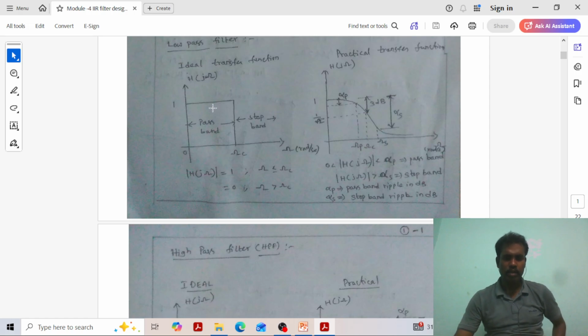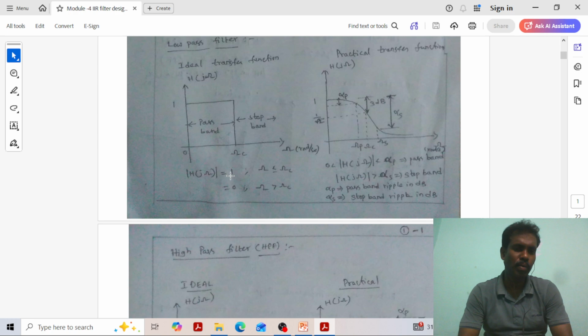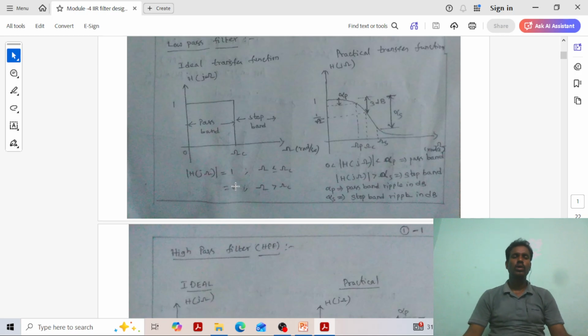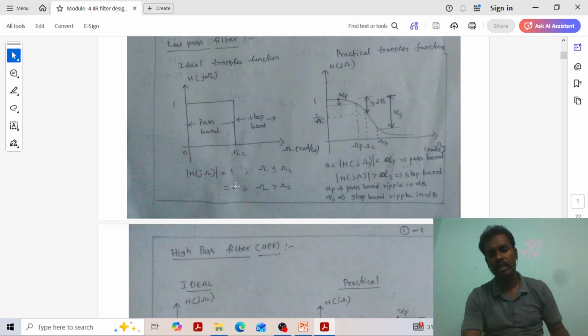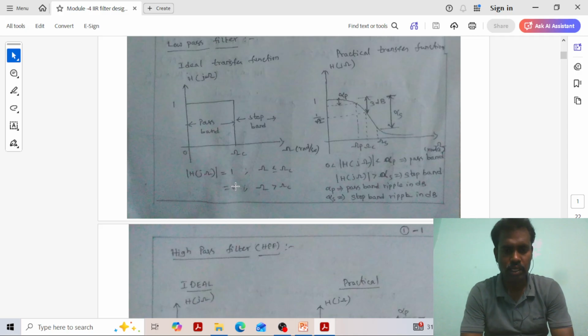Where the transfer function is 1 is called the pass band, and where the transfer function is 0 is called the stop band. Transfer function means output by input, the transform of output by the transform of input. The transform of output by transform of input equal to 1 means output is equal to input. That means the input will be passed, hence it is called the pass band, and it is 0 means output is equal to 0, as it is completely stopping the input signal from reaching the output.